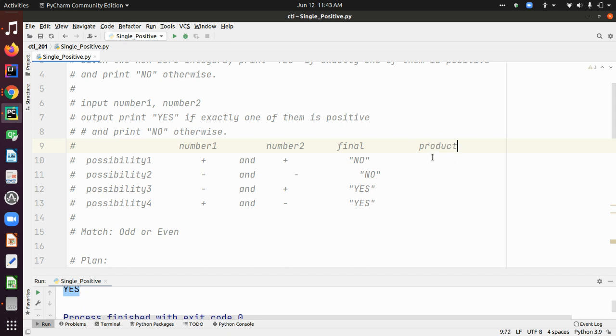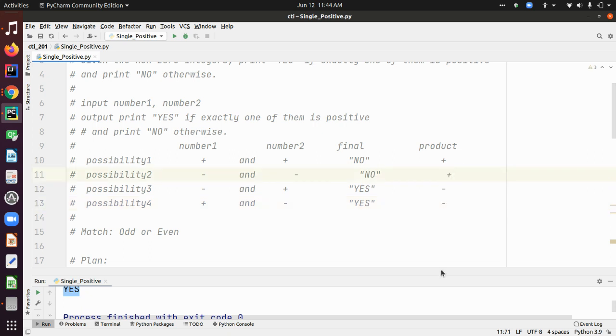When both are positive, the product becomes positive. When both are negative, that also becomes positive. And when one of them is negative, the product becomes negative, and again here also negative. Oh, sorry, this should be positive.